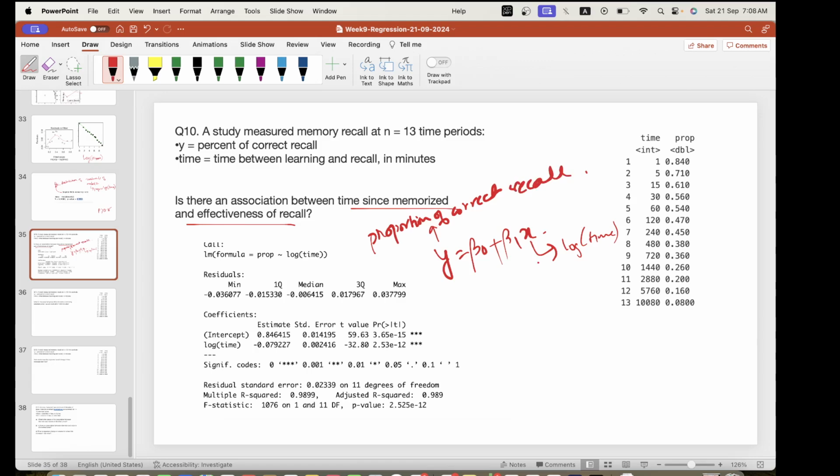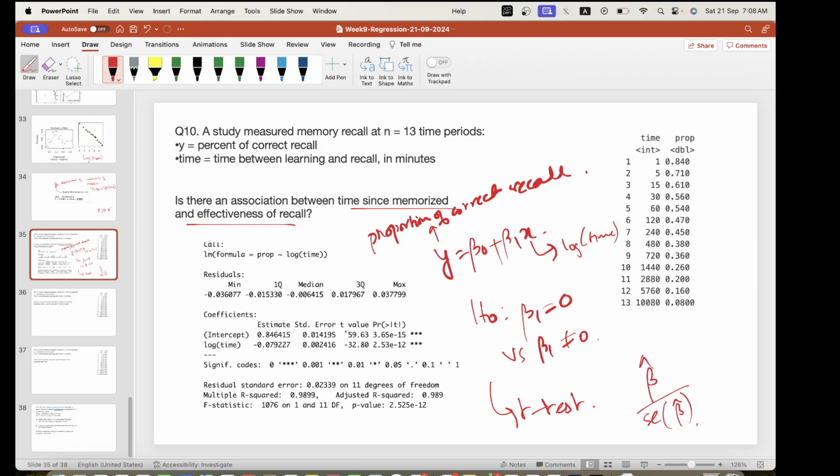Alright, now we want to test whether this x is having any effect on y. So our H naught is beta 1 equal to 0 versus beta 1 not equal to 0. This is a t-test that we have learned. And what is the test statistic? It is beta hat divided by standard error of beta hat.